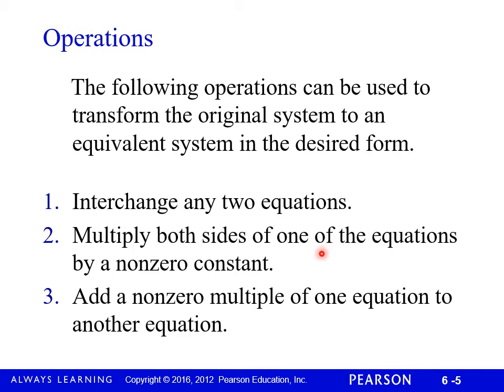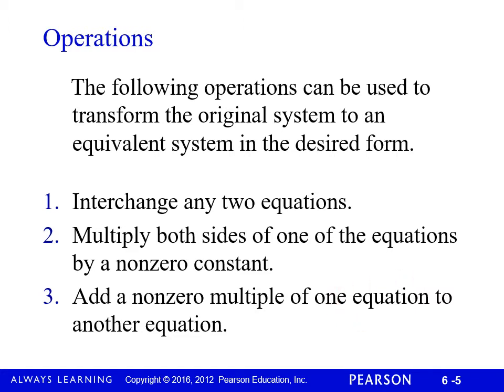You can multiply both sides of one of the equations by a non-zero constant. Well, that's just how we've been manipulating algebraic equations anyway, knowing that if we multiply one side by something, we have to do it on the other. And we can add a non-zero multiple of one equation to another.